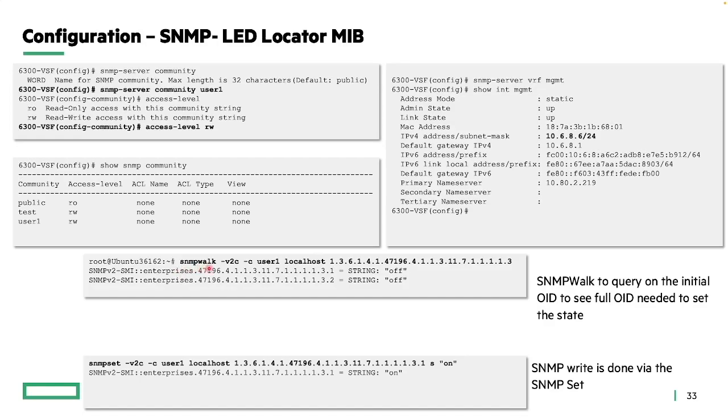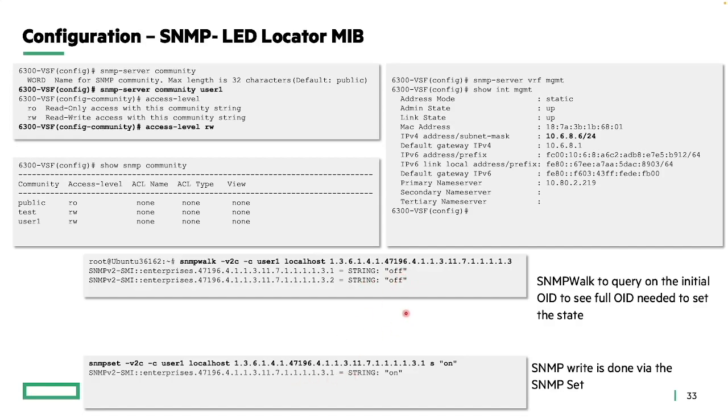Right now, on the Ubuntu server, which is what I'm using this for, if you do SNMP walk, having the same community user one, local host, and then you give out this particular OID to set. Right now you're doing walk, so you will see what are those child map of it, right now by default is off, so it's showing the string is off.